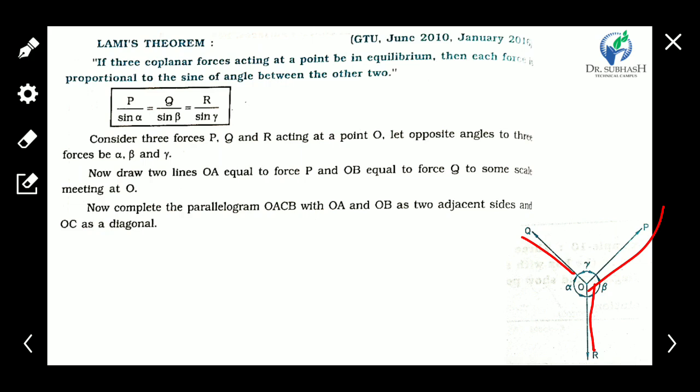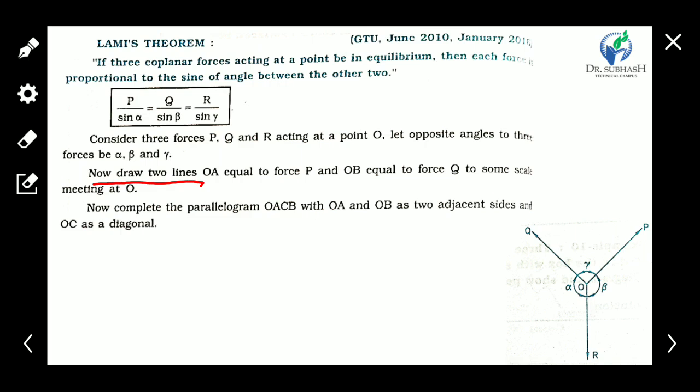So let's prove this equation of Lami's theorem. Consider P, Q and R forces acting on the same point O. The angles between the two forces are alpha, beta and gamma as shown in the figure.